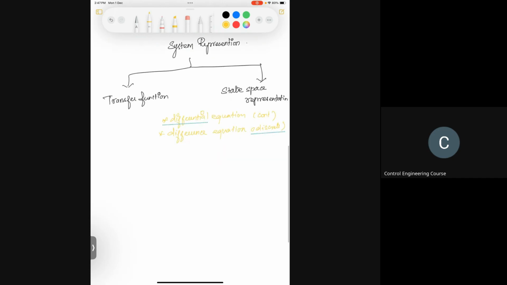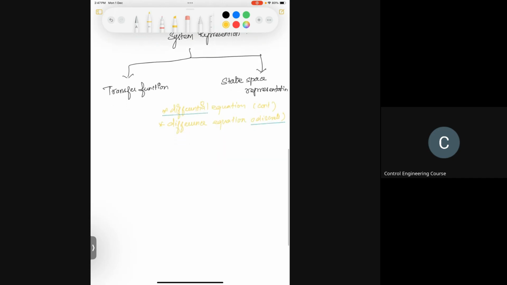So far we have covered most of the basics, all the analysis we need for transfer function based representation of systems. We are going to see the state space representation. Before that, why do we need these two representations? That is the major point of view. So if you want a transfer function representation, in general, how do we define a transfer function?